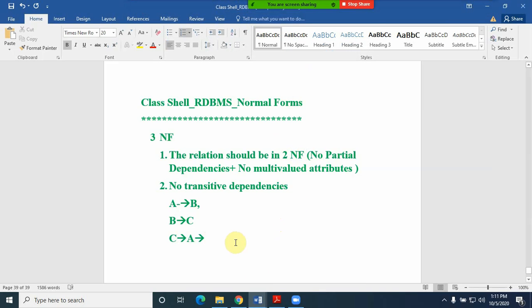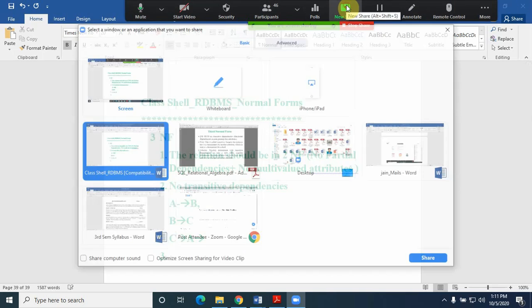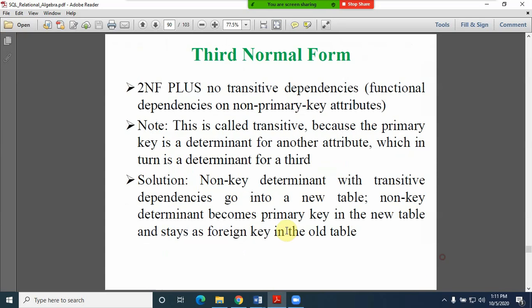And here is one more important point we have seen from the example: in the third normal form, it is functional dependencies on the non-primary key attributes.